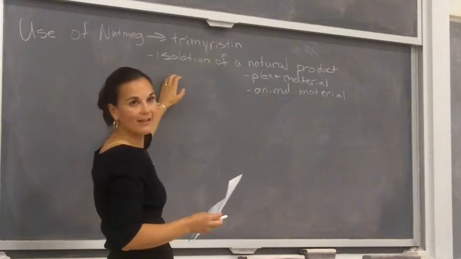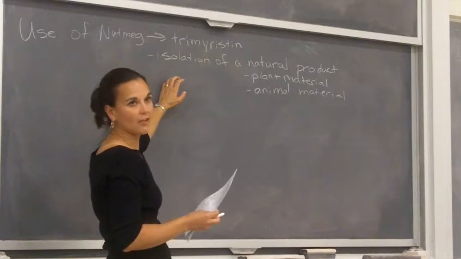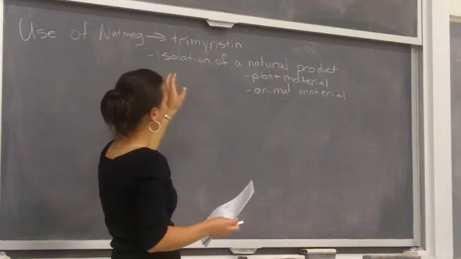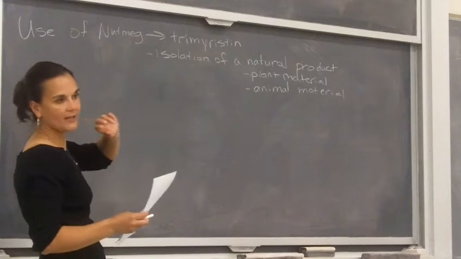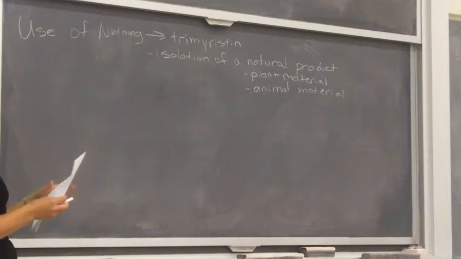We're not going to then take on the trimyricin and see what it tests for biological activity or something like that to be used for a pharmaceutical. So we're isolating this natural product, but beyond that, it's not necessarily a natural product synthesis or anything like that, okay?